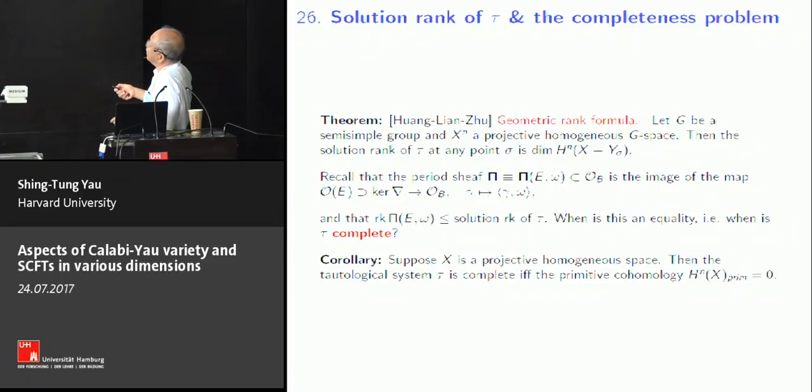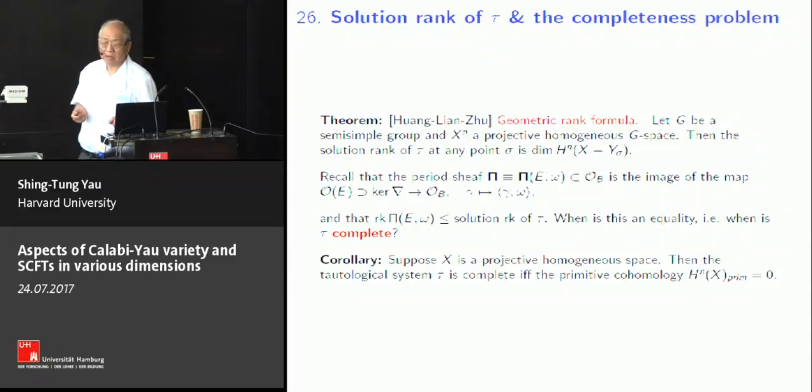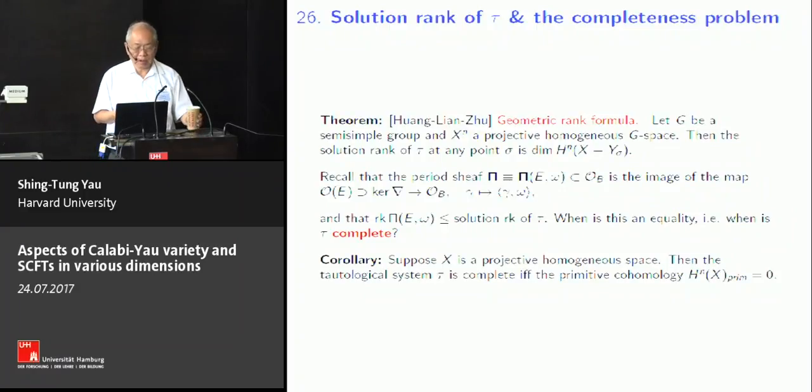So when is it actually equal? So we want to say that they are equal. Then in the case of homogeneous space, the tautological system is complete. That means they're equal if and only if the primitive cohomology is equal to 0, as a consequence of this formula and the theorem due to Wang, Liang, and Zhu. So in the case of homogeneous space, that's good.